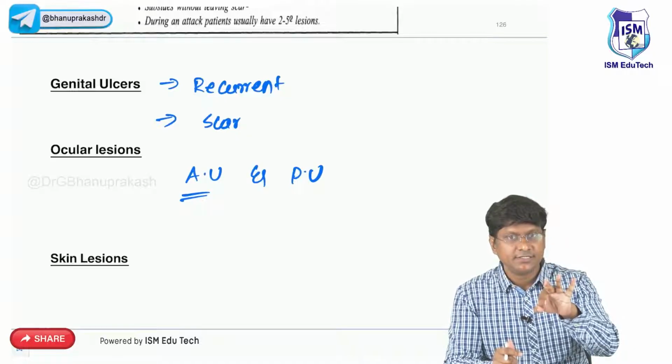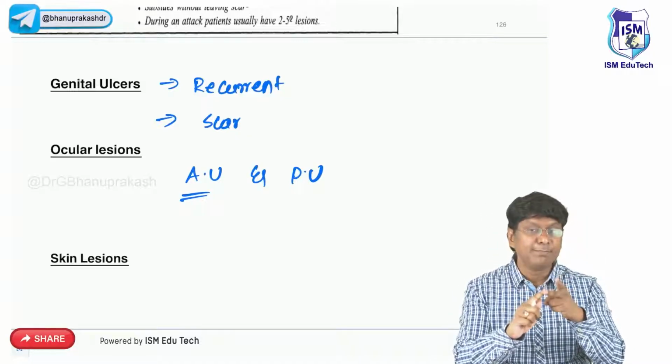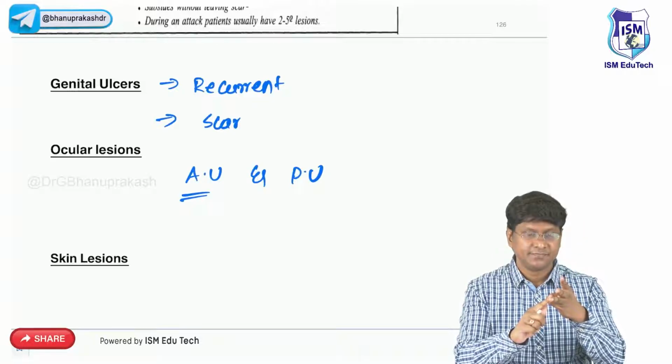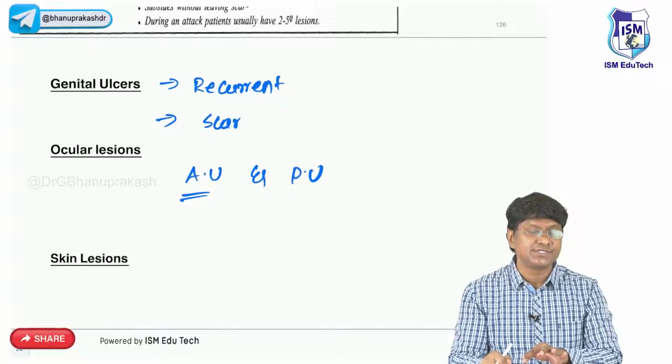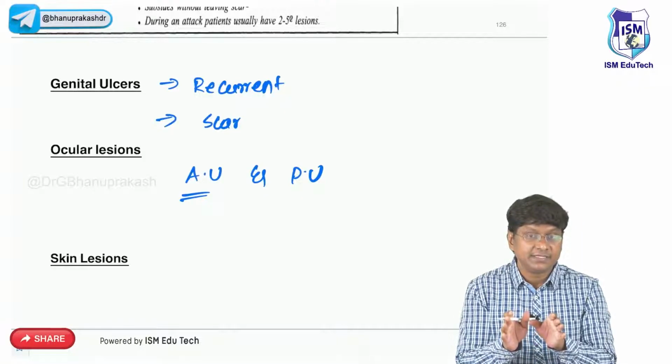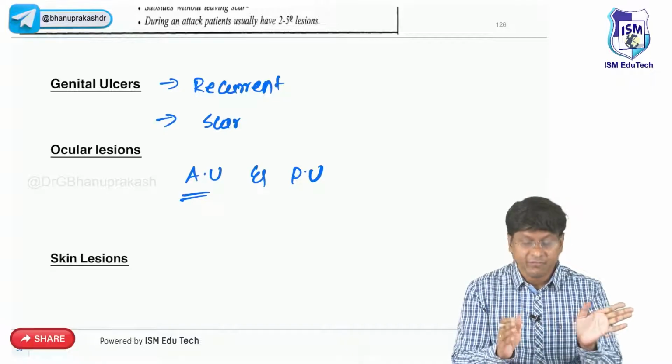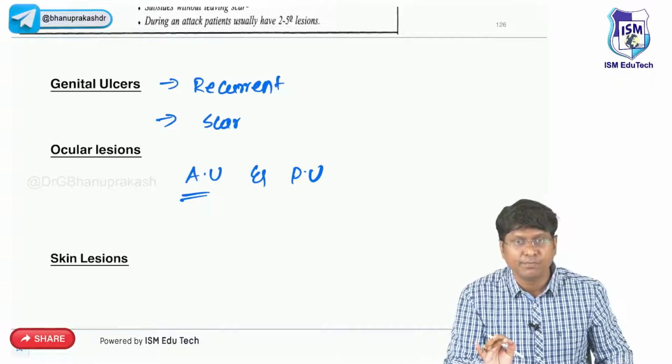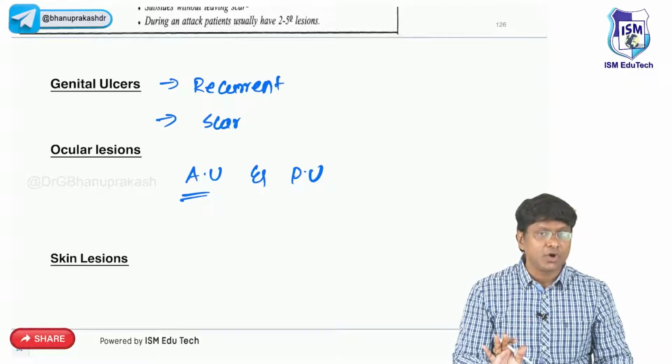What is the triad? Photophobia, blurred vision and red eye. Whereas in posterior uveitis, there may be visual problems where subsequently the individual may go into blindness as well. Okay, so that will be the ocular lesions.